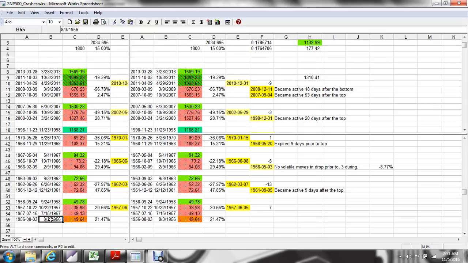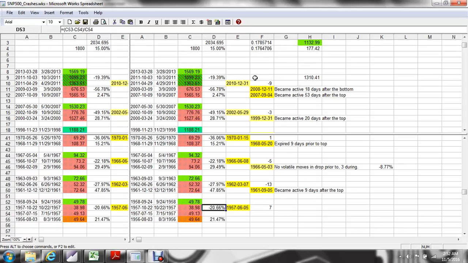You notice that August date there too. That's going to come into play later. The S&P reached a high of 49.13 on July 15th. So the drop was over 20% from that high, when it was actually the S&P 500 too. So that was the market crash during the S&P 500.